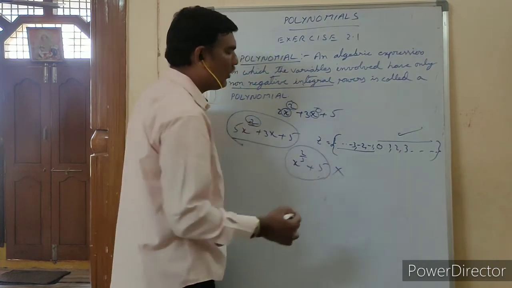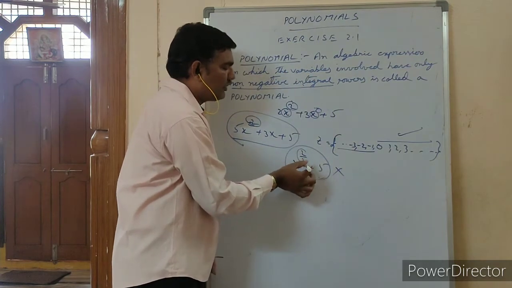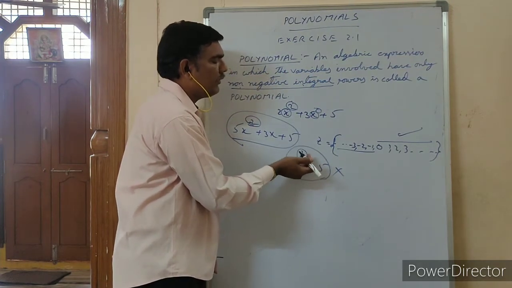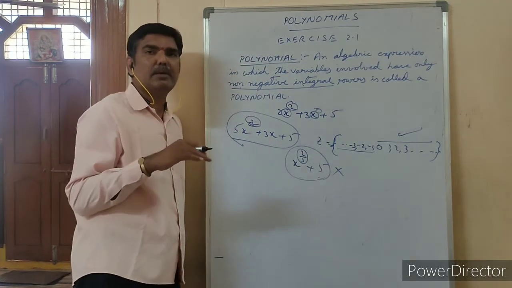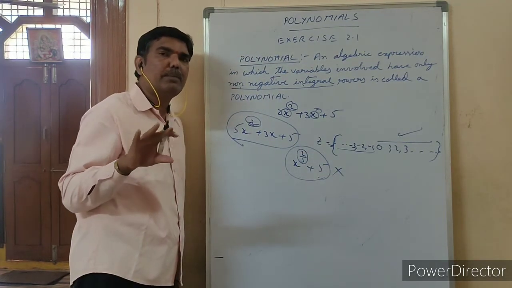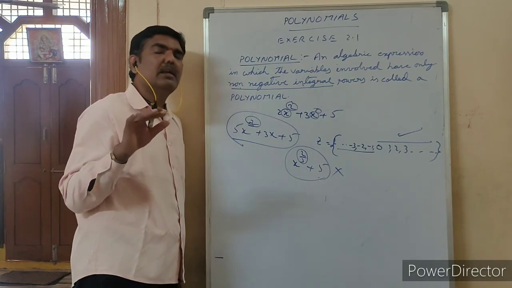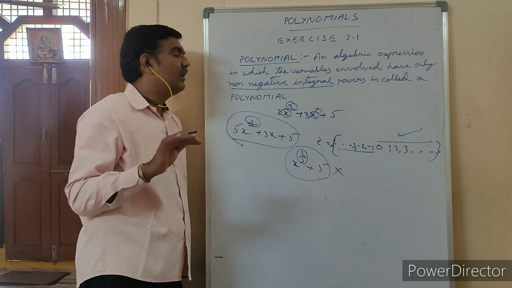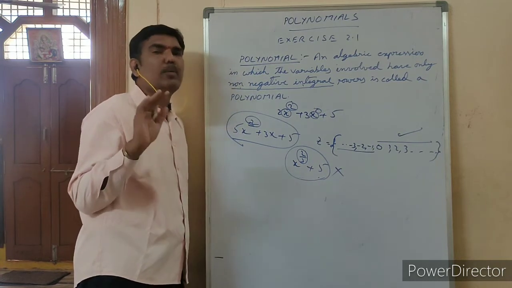It is also not a polynomial. Why? According to the definition, power should be a non-negative integer. But 2 by 3 is not an integer, it is a rational number. Powers should not be rational numbers, and should not be negative. Then that algebraic expression is called a polynomial.